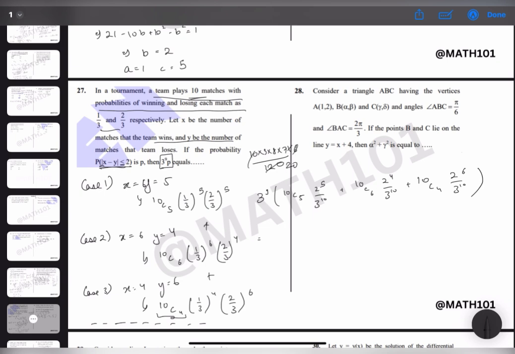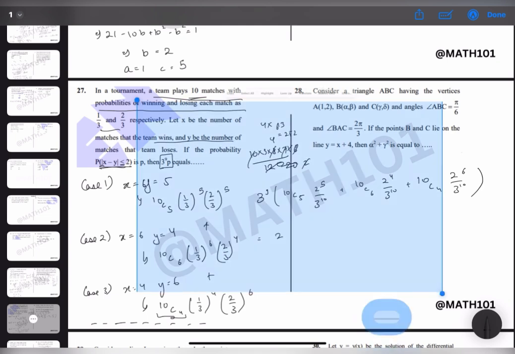It's 2, this is 4. 4 into 9 sevens are 63, which equals 252.